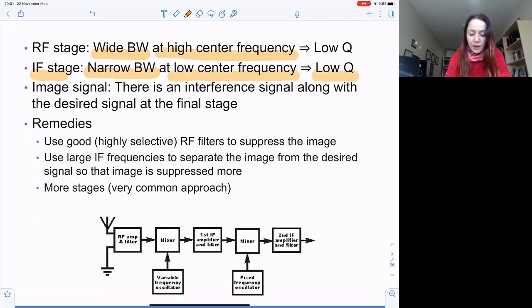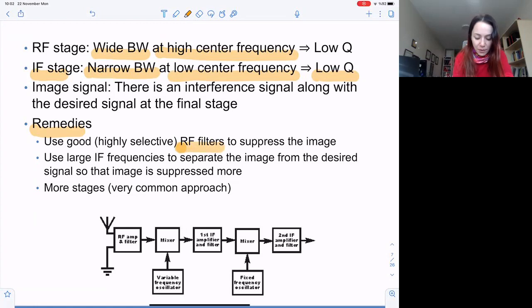So if we perhaps use multiple IF stages, we will gradually bring the RF signal to IF. We will take care of this image problem. Okay, so one obvious expensive remedy is to use a very good, very sharp, high quality RF filter.